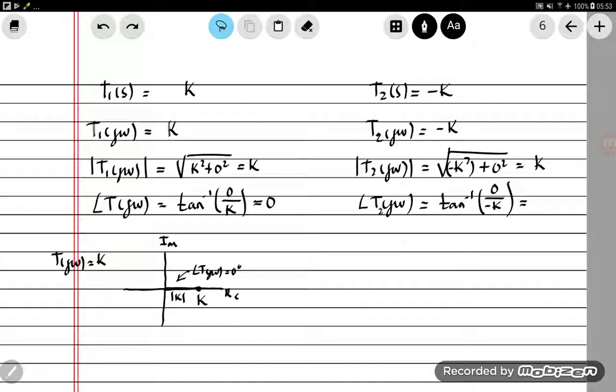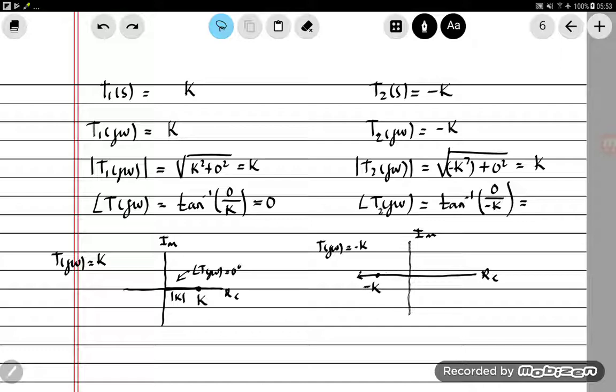We can prove that it's not by plotting the frequency response transfer function, which is a complex number, in the complex plane. We know that T of j omega is equal to negative K, so this time the value lies on the negative real line.